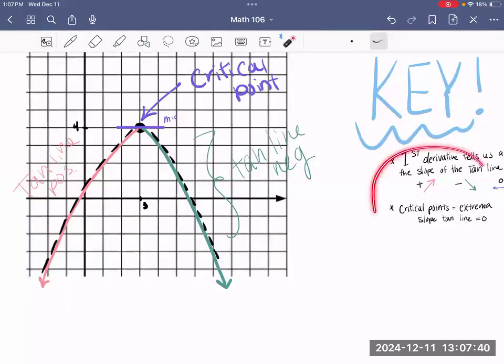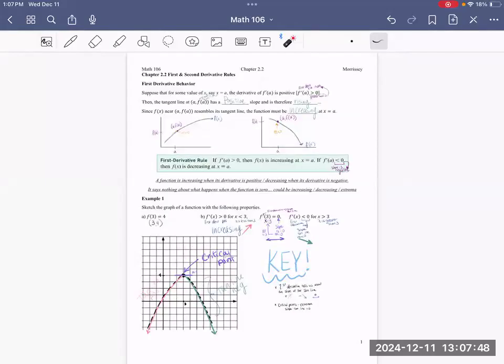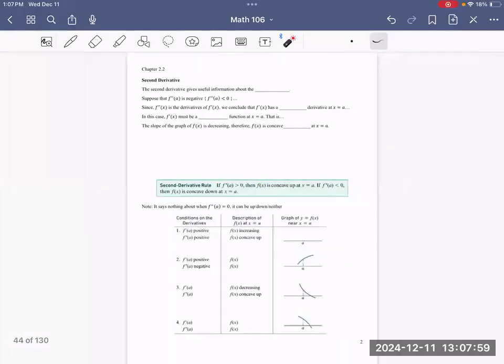So your critical point is where your slope of your tangent line is equal to 0. And that is going to be a key feature when it comes to graphing these things based on some derivative information. So based on your 2.3 coming next.